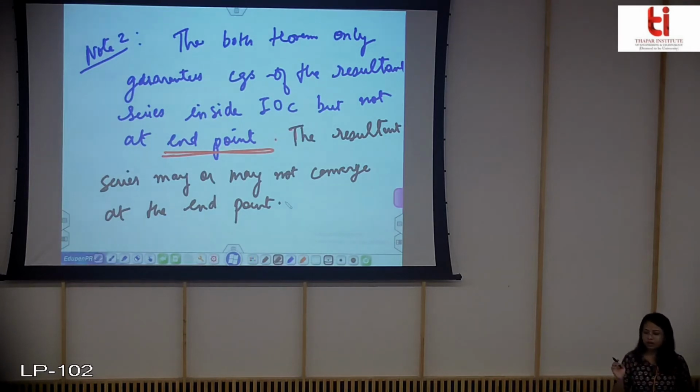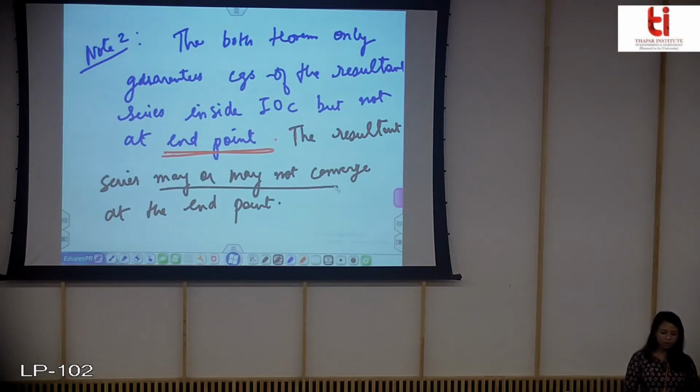It just guarantees that the derived series will converge for all the points in between, but what will happen at the end points, we don't know; it may or may not converge.